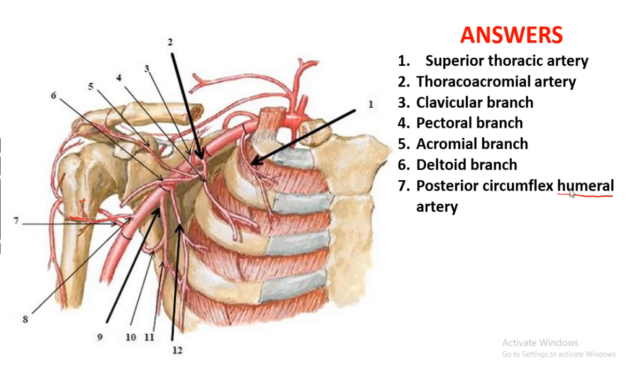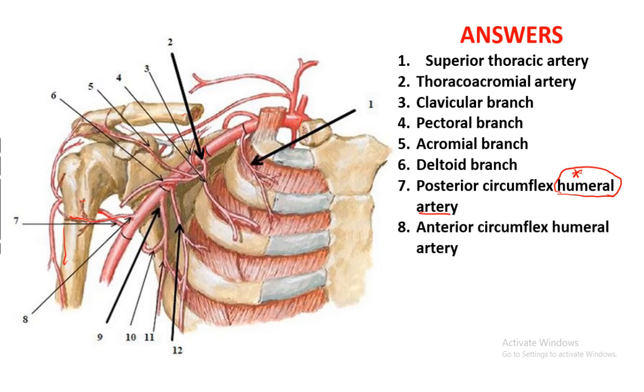So you need to understand that for the sake of safety, you can put the humeral. The humeral simply stands for the humerus, because this artery is normally moving around the humerus. So that's why it is called the posterior circumflex humeral artery.